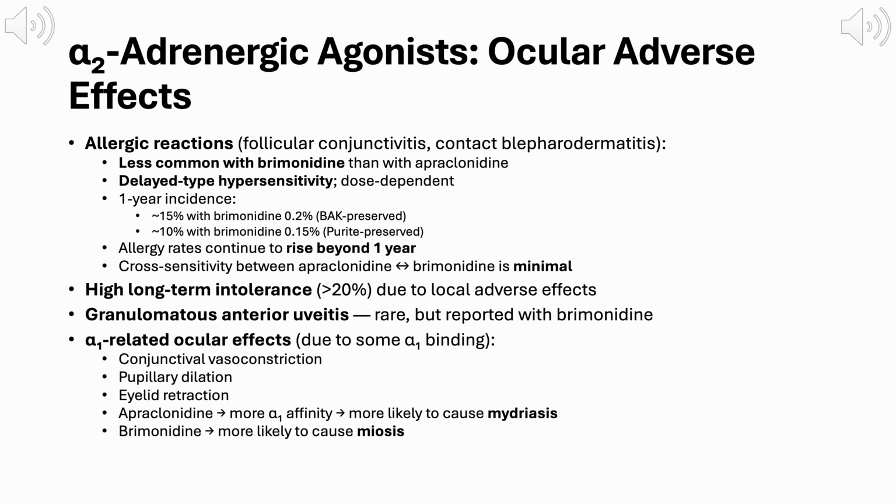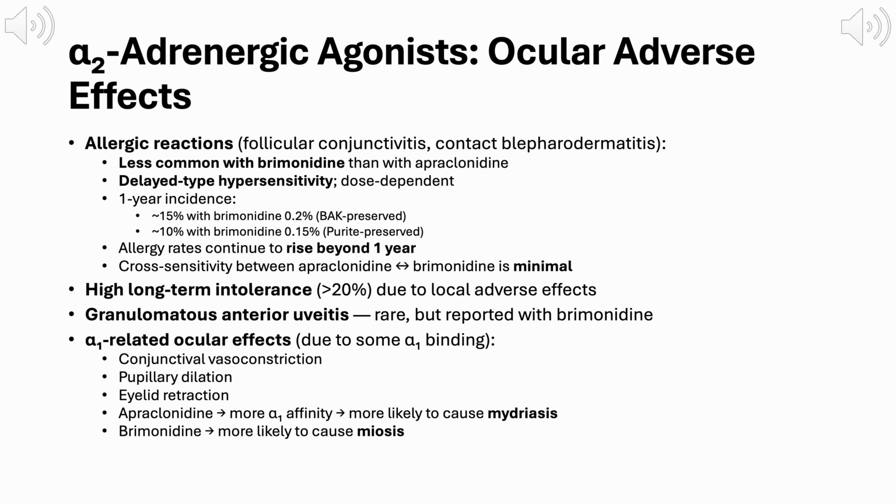Allergic reactions such as follicular conjunctivitis or contact blepharodermatitis are possible. These are less common with brimonidine than with apraclonidine. The reaction is typically a delayed type hypersensitivity and dose-dependent. After 1 year, the incidence is around 15% with brimonidine 0.2% preserved with BAK, and about 10% with the 0.15% Purite preserved formulation.